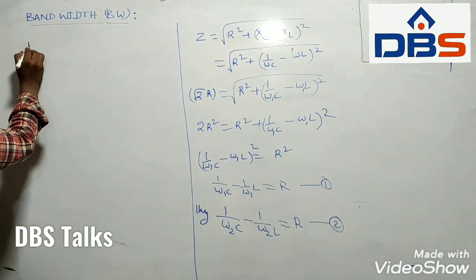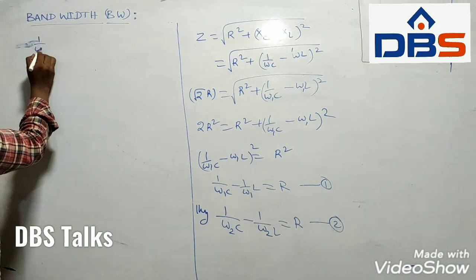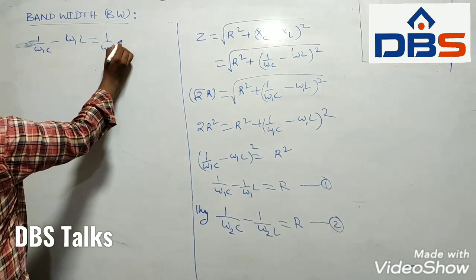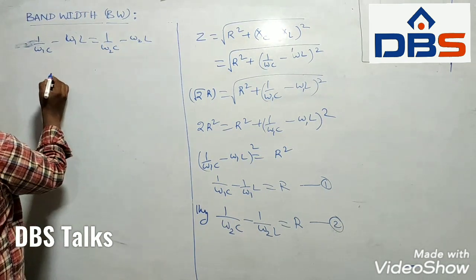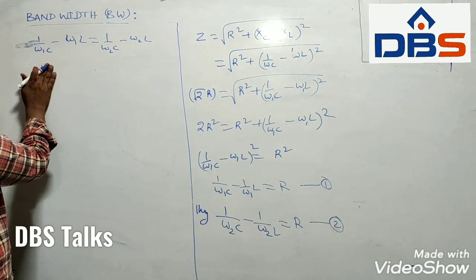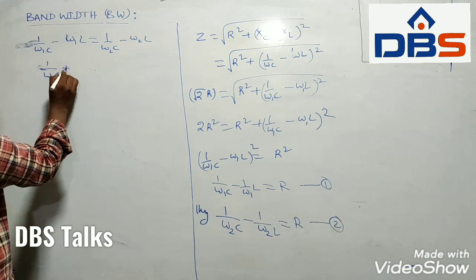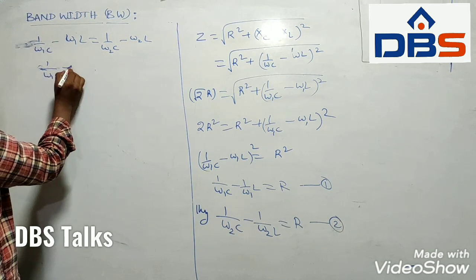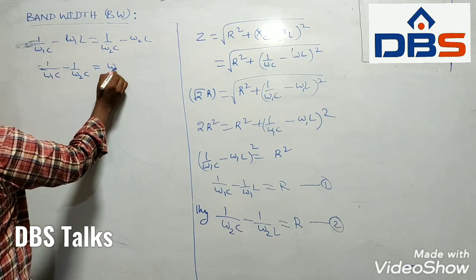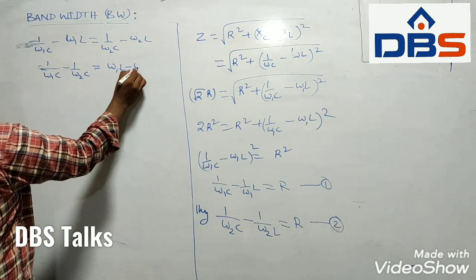So 1 by omega 1C minus omega 1L equals 1 by omega 2C minus omega 2L. So 1 by omega 1C minus 1 by omega 2C equals omega 1L minus omega 2L.